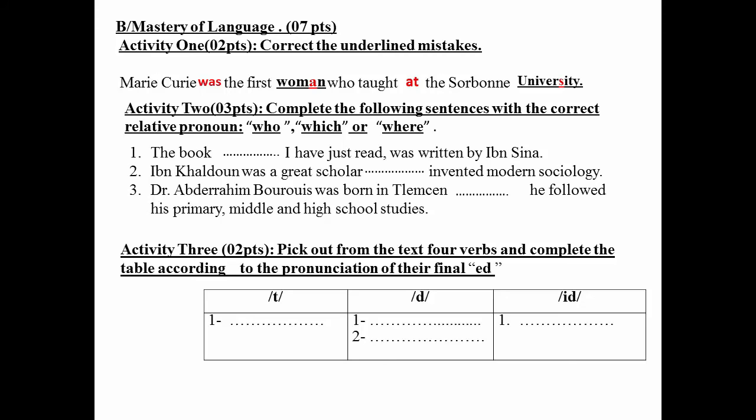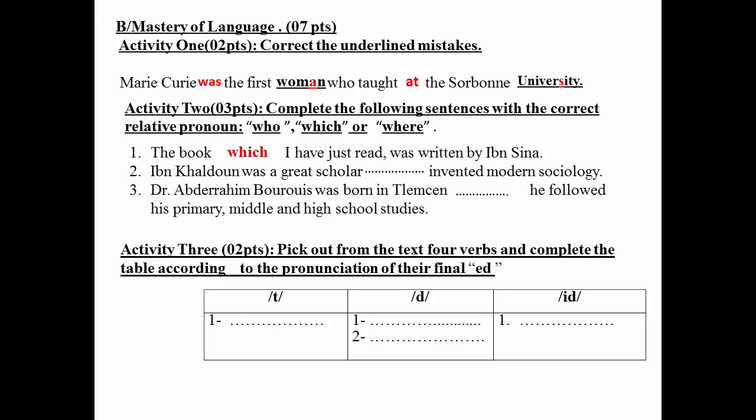Yes, your answer? Excellent. Which. So since the book is an object, the correct relative pronoun is which. So the book which I have just read was written by Ibn Sina.